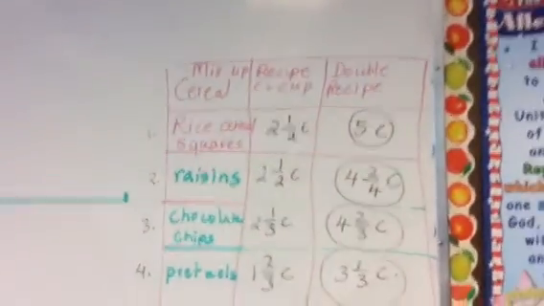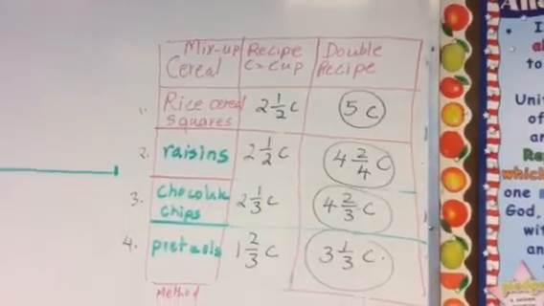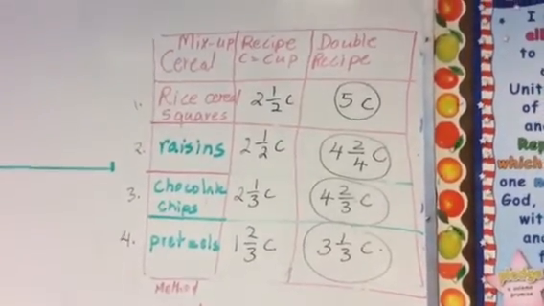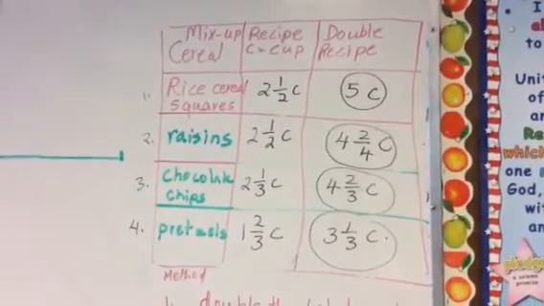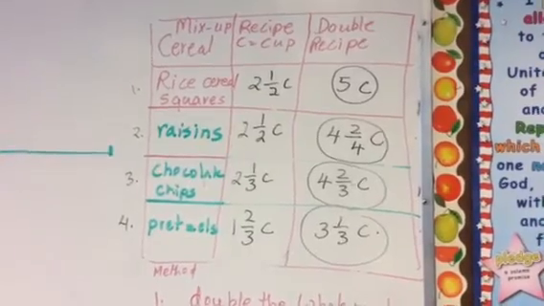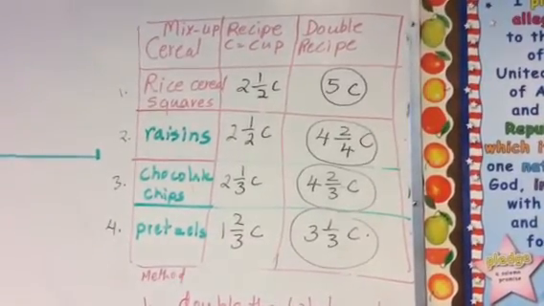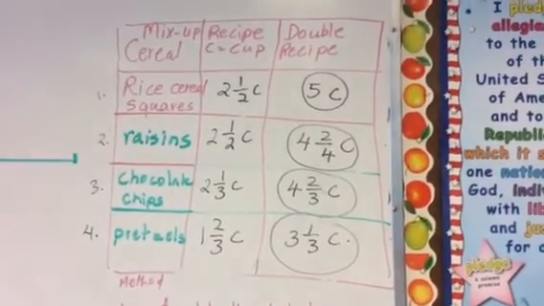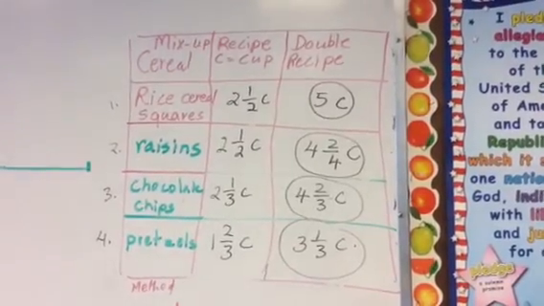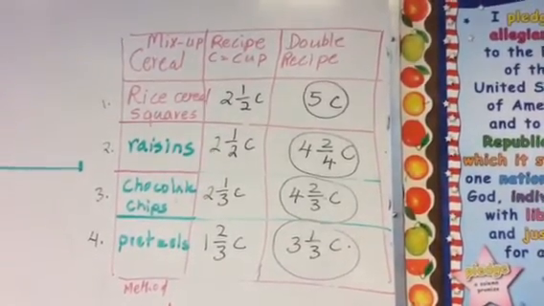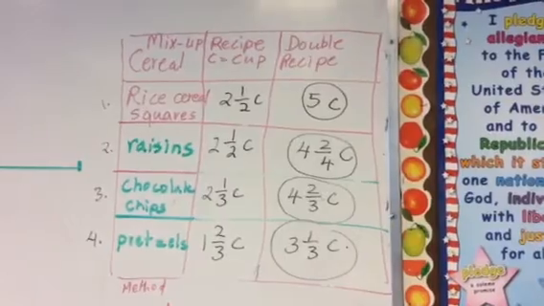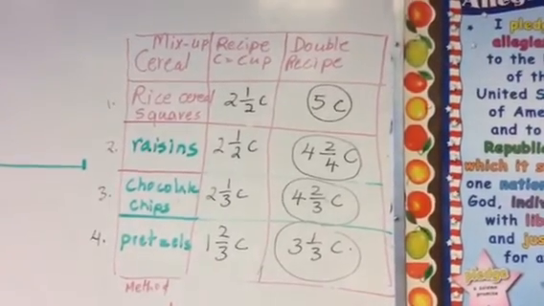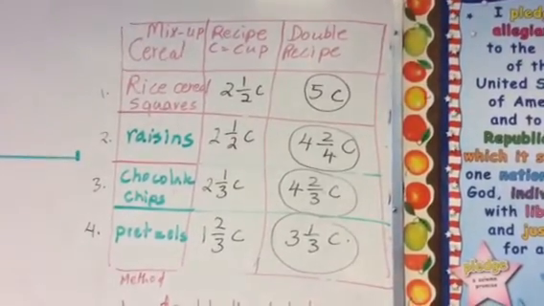The mix-up cereal recipe. Number 1 is rice cereal squares, number 2 is raisin squares, number 3 is chocolate chips, number 4 is pretzels. And the next box shows the recipe for 1 serving, 2.5, and for a double recipe you have to double 2.5.